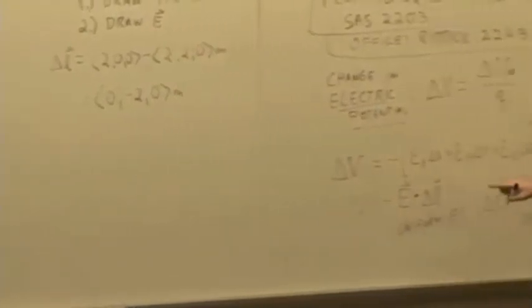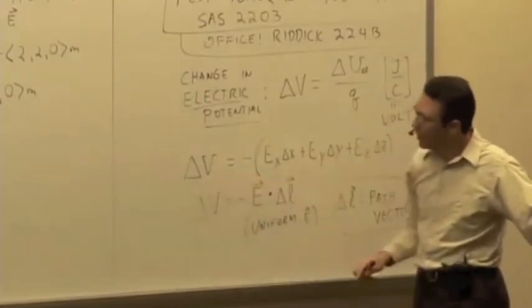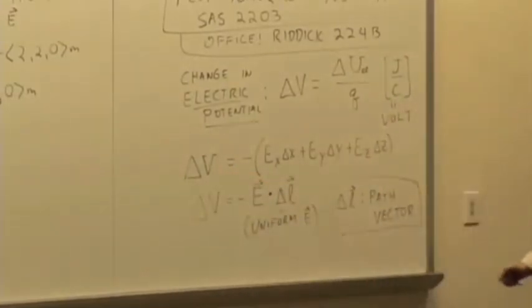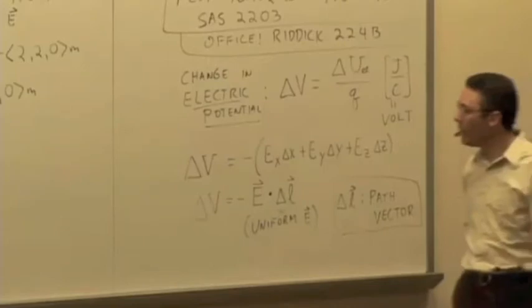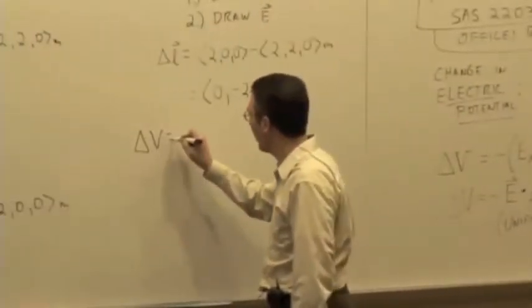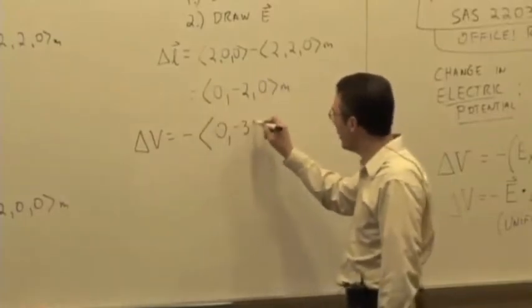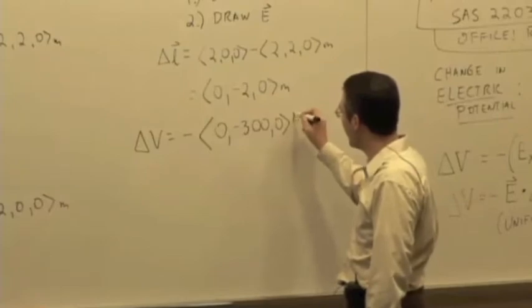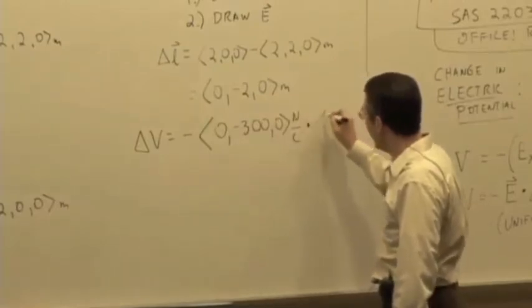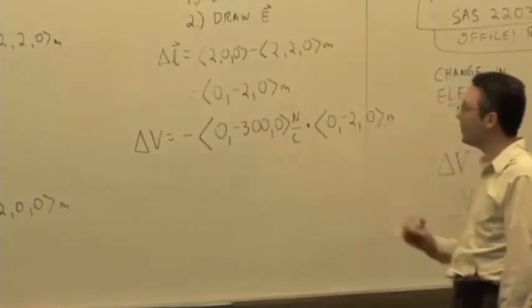The change in potential is the negative of the dot product of the electric field and the path vector. So we have a negative out front. We have an electric field that is 0, negative 300, 0 newtons per coulomb, dotted with 0, negative 2, 0 meters.